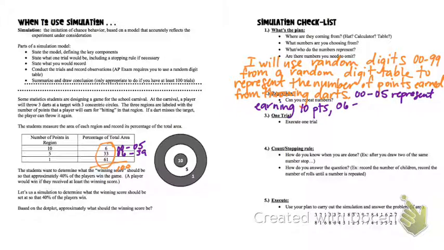So 06 through 39 represent earning 5 points, and 40 through 99 earn 1 point.